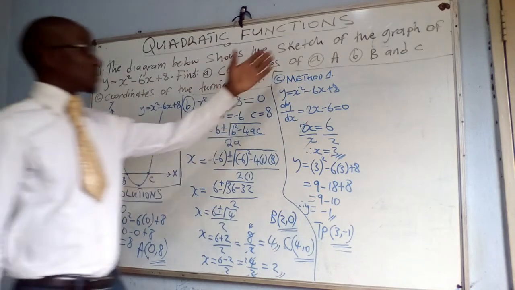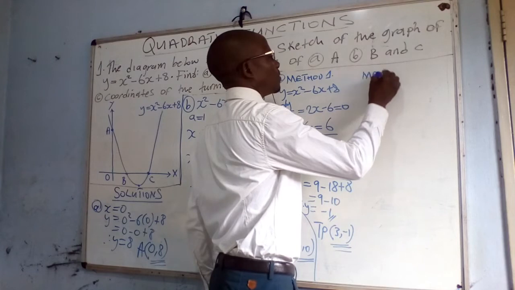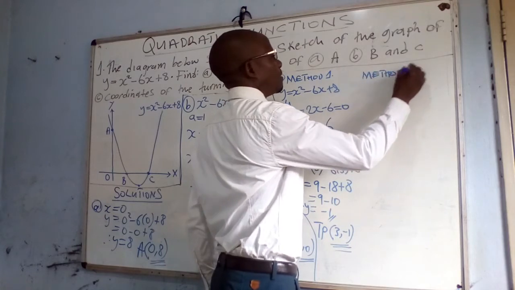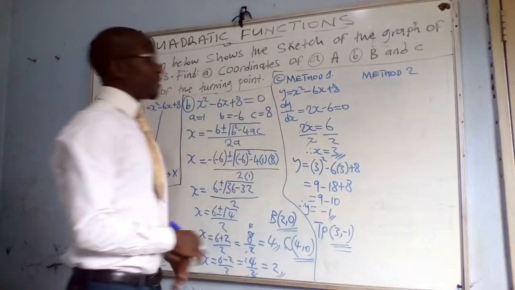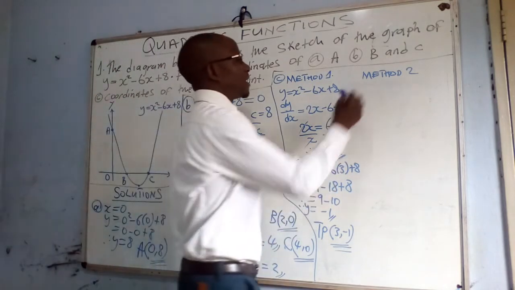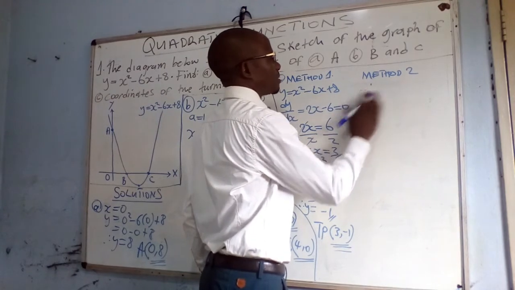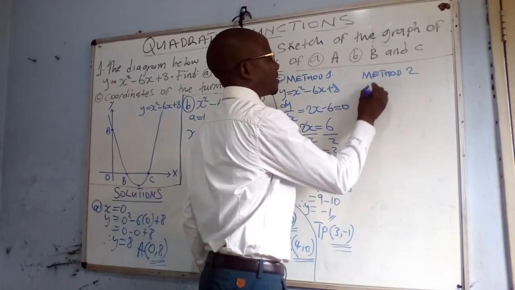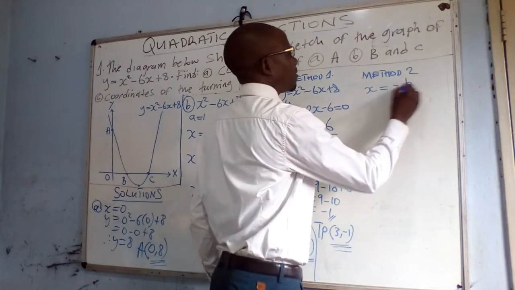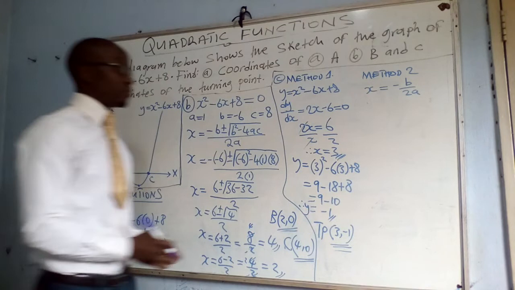Then I want to also employ method 2. Method 2 is the formula method, which is the quadratic formula method. We just say negative b over 2a is our x. So x is equal to negative b over 2a.